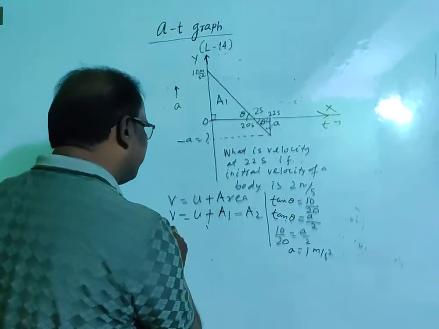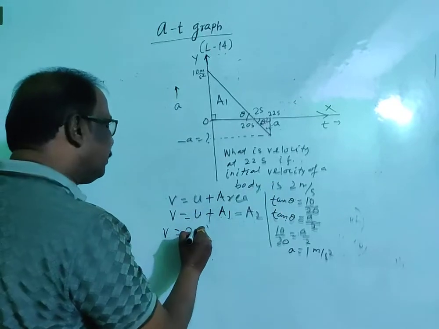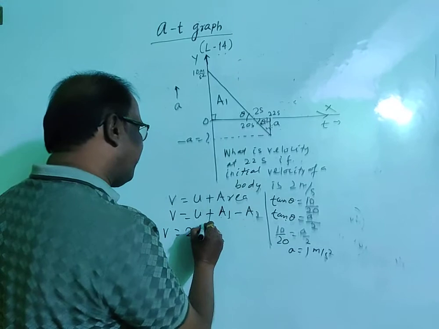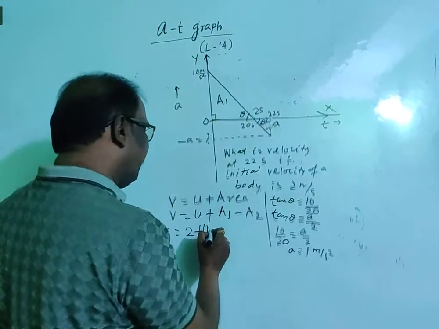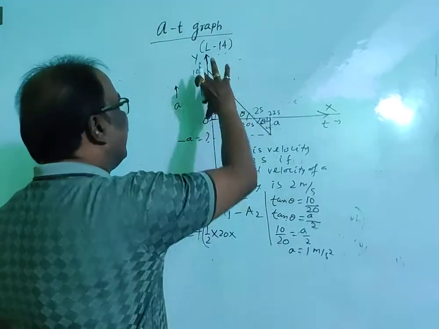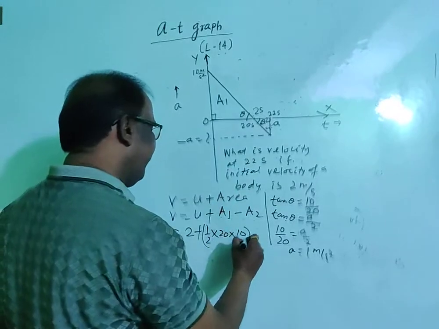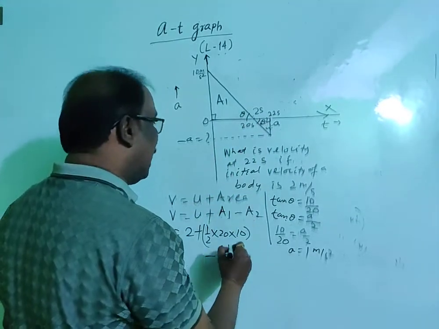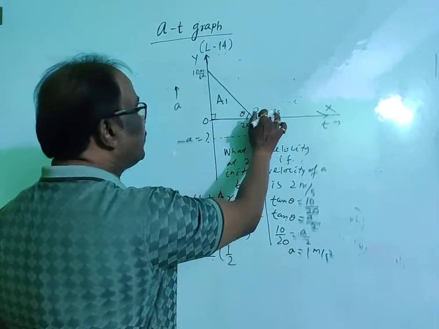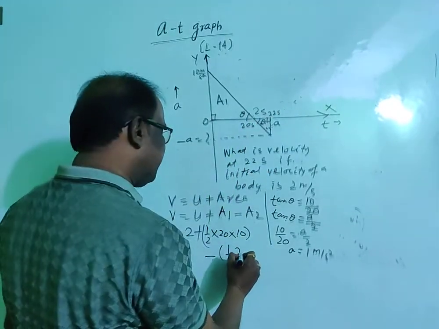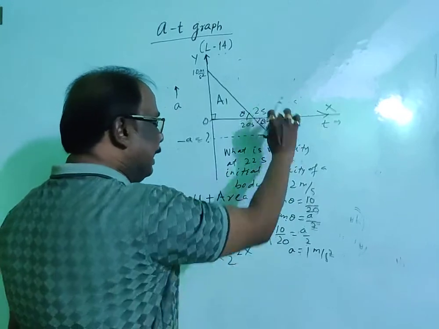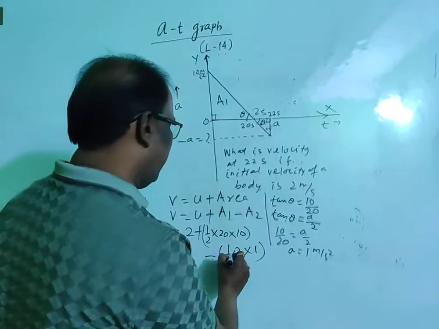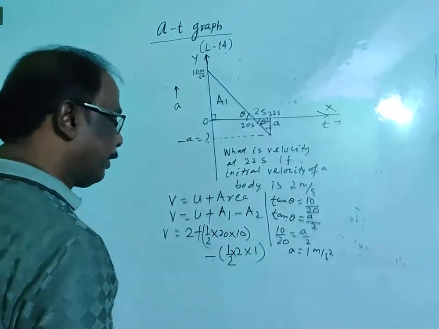Now it is easier. Final velocity: initial velocity is 2, and this area A1 is half, base is 20, height is 10, minus A2, half, base is 2, this is 2 second, base is 2, and height A is found to be 1, half into 2 into 1. Is it clear?